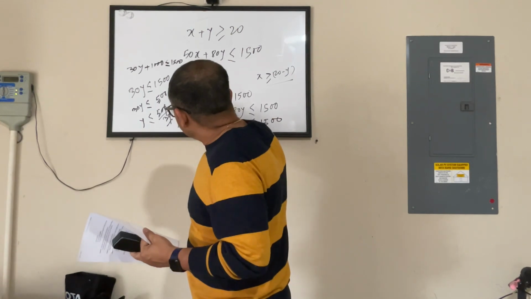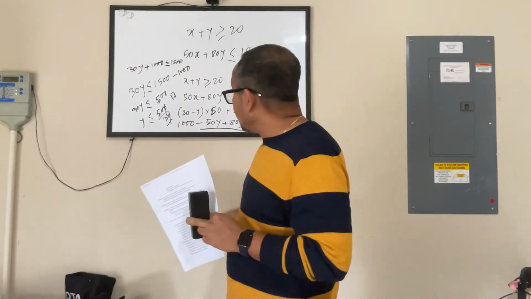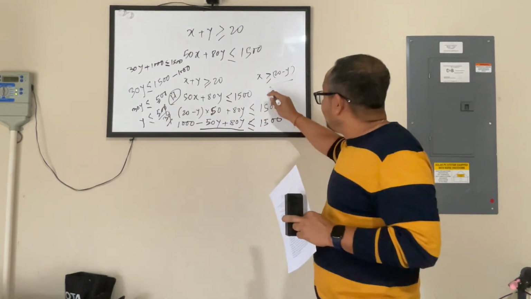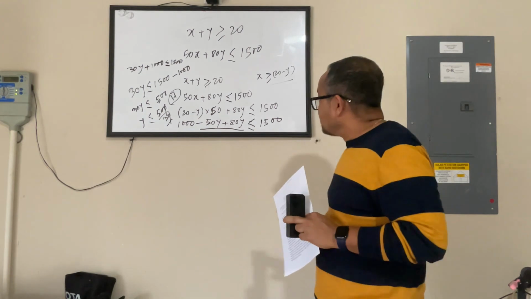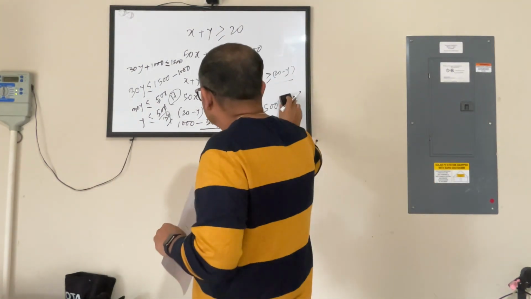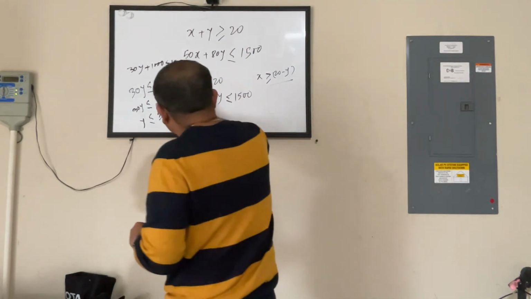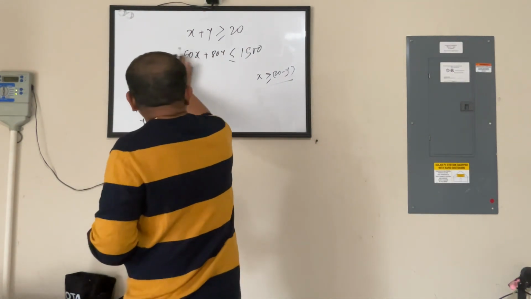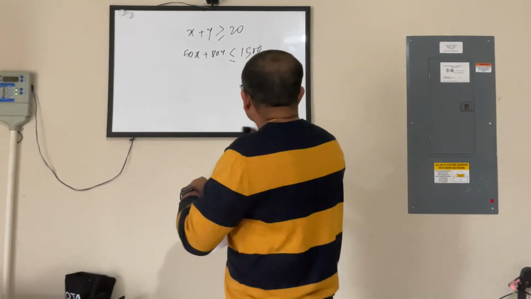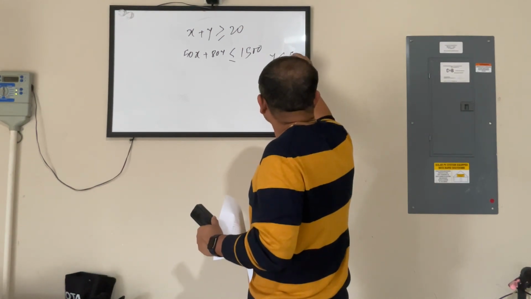This becomes 17. So y has to be less than or equal to 17. Now let's put this value. It is 16 point something. So what we got is y is less than or equal to 50 by 3.